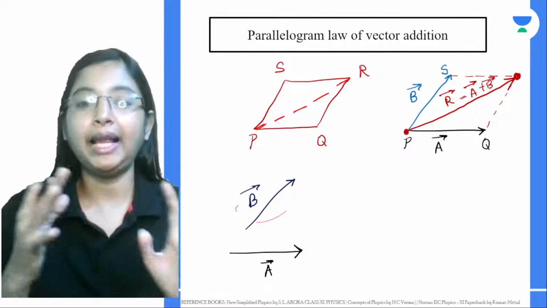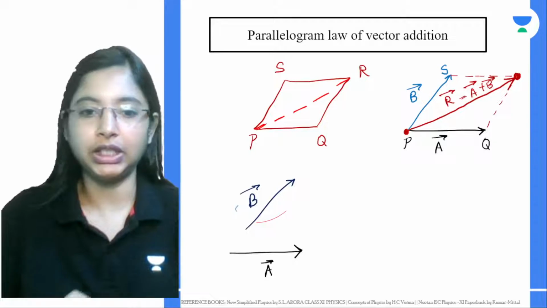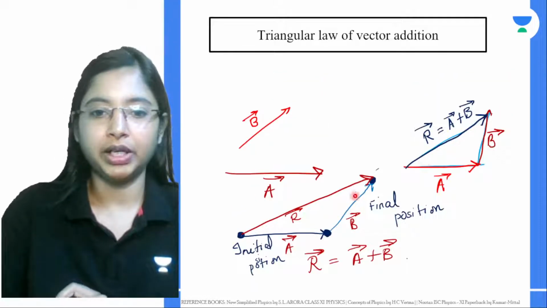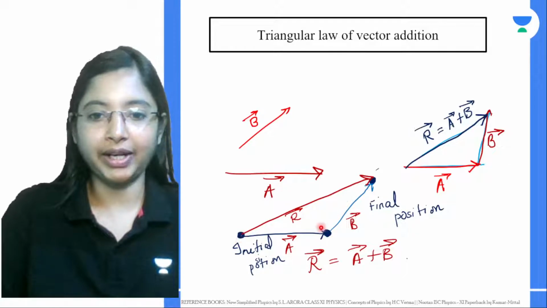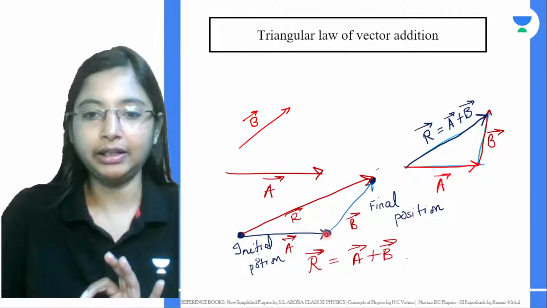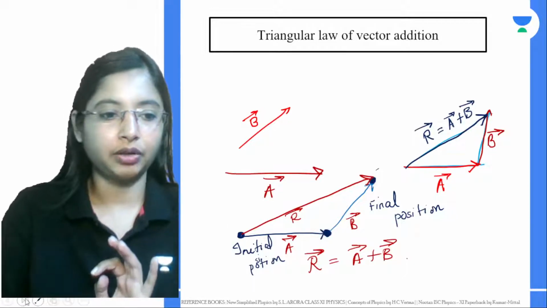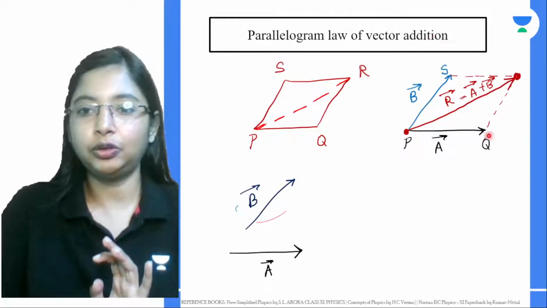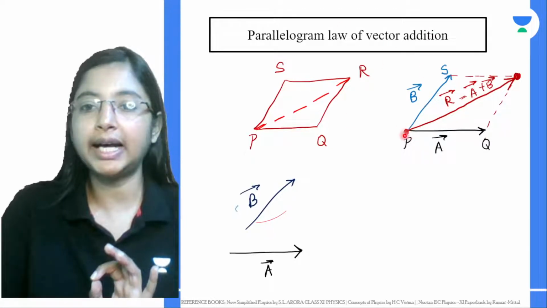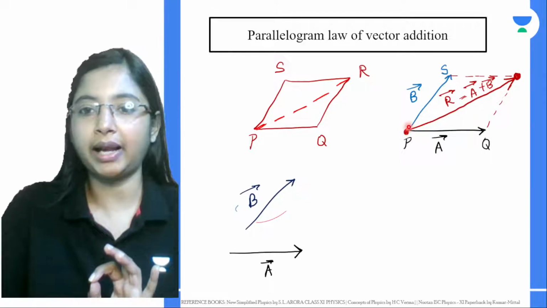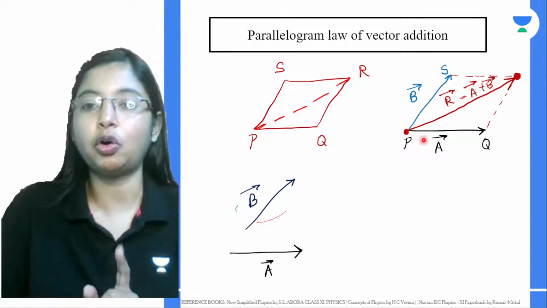In the triangular law, you started the A vector, and at the terminal point of the A vector, you started the B vector. But in the parallelogram law of vectors, there are two vectors and both have the same starting point, meaning they are both co-initial vectors.